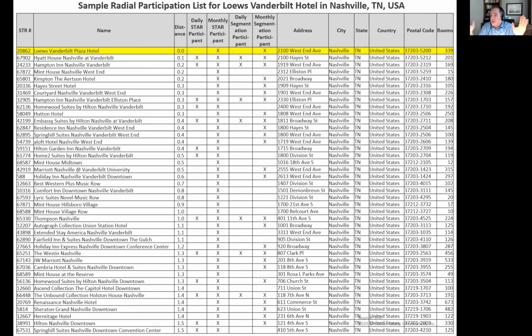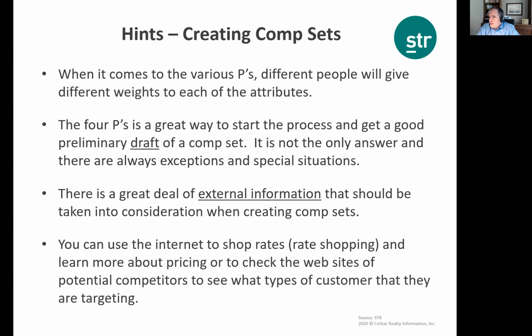Now, this participation list has about 50 or 100 fields on it. I show you the first few, but there are many out to the right when you scroll over to the right, and we'll give you a sample of that to look at in just a minute. You do see number of rooms in the very far right-hand column for this sample radial participation list.